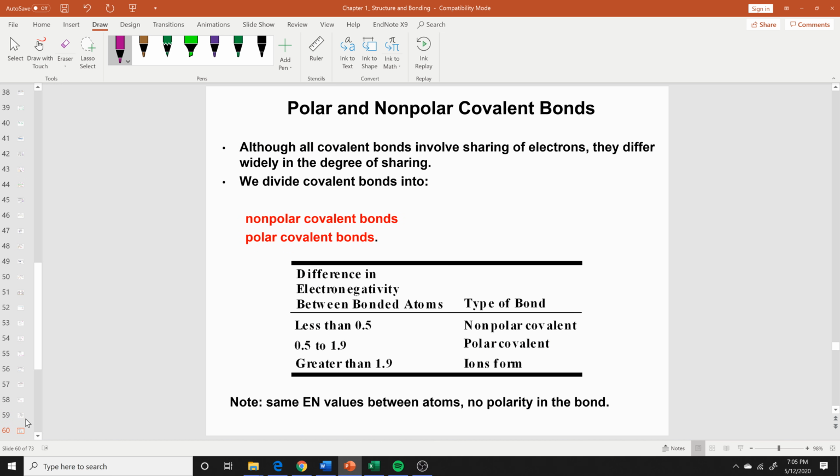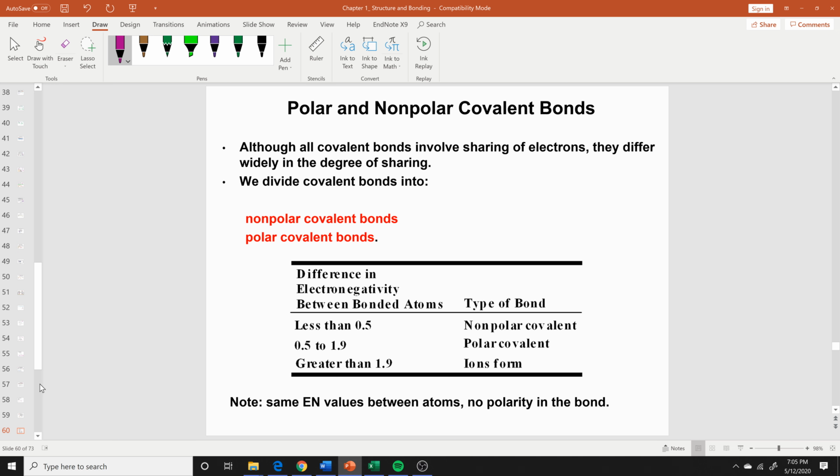So in order to determine if you have an ionic bond or a covalent bond, you look at this chart over here. In the slide after this, I'm going to show you the electronegativity table of how to get these values. So if your electronegativity difference between the two atoms is greater than 1.9, then the type of bond is an ionic bond.